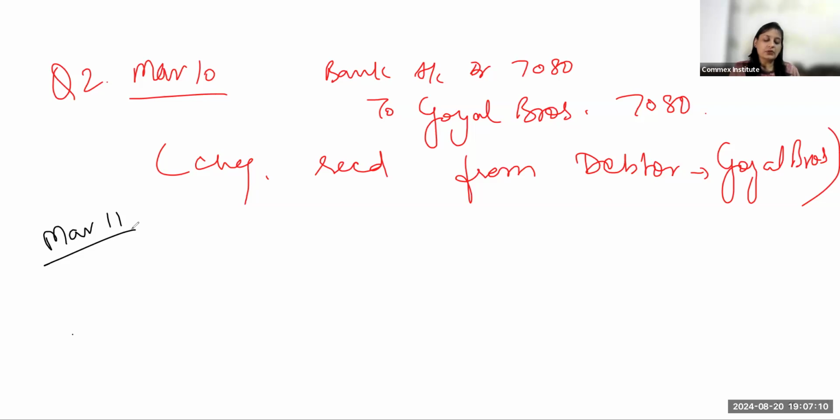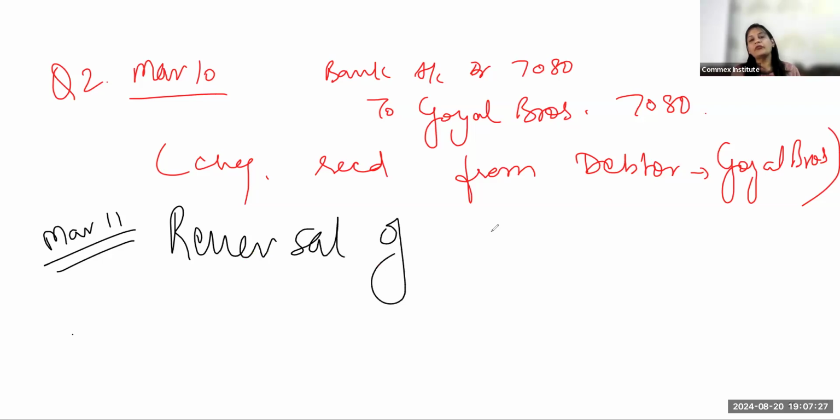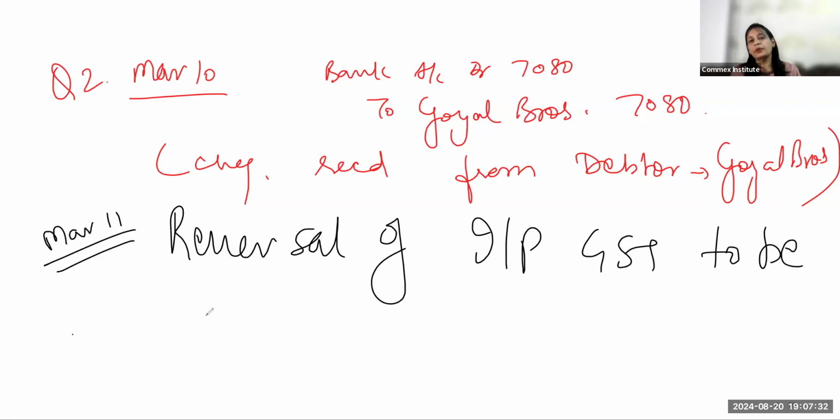Mohan Brothers वाला कौन सा transaction था? March 3 वाला transaction था. Now they're giving us discount also. Now here we have to do the reversal of input GST, because this is a cash discount transaction.